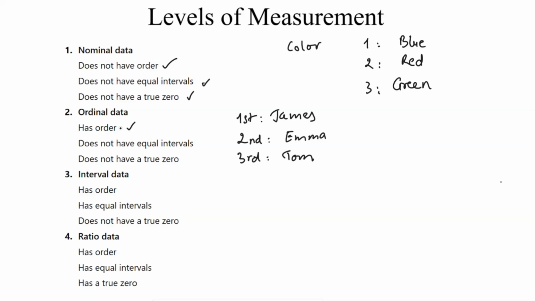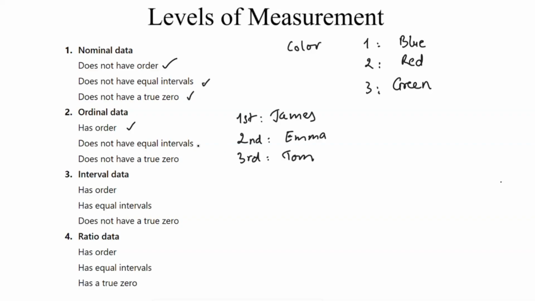So this is also categorical data. Ordinal data has order because James is first, so James has a higher ranking than Emma, and Emma has a higher ranking than Tom. Tom has a lower ranking than Emma, so ordinal data has order.